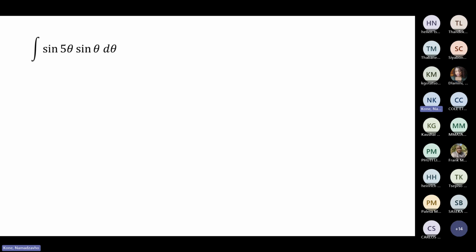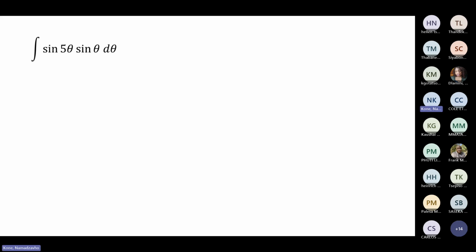Right. Now we have got a different scenario. Now this scenario is saying we've got an integral of sine of 5 theta multiplied by sine of theta d theta. And you go to the list of integrals, you will never find anything that has got these 2 names.